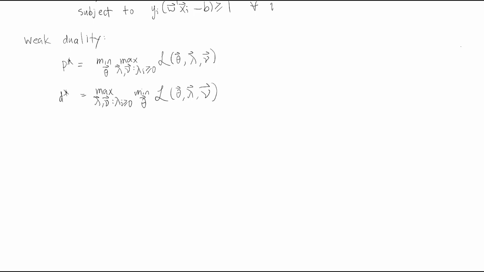So we're going to make a few observations first. First observation: for all theta prime, so for all vectors theta, we have the property that L of theta prime, lambda, and nu is greater than or equal to min over theta of L of theta, lambda, nu.